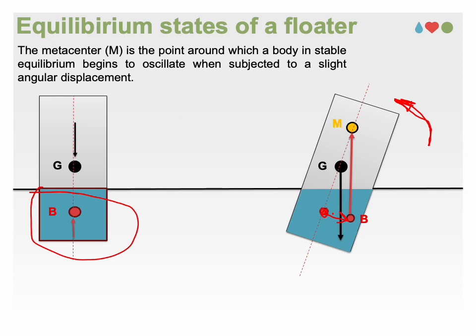When the object is slightly tilted from its equilibrium position, as shown on the left-hand side, the metacenter is the point at which the buoyant force, the red arrow, intersects the center line, which is here the dashed red line.